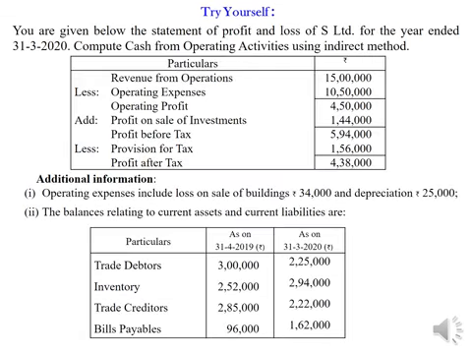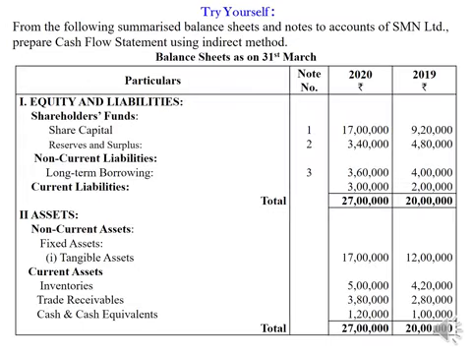Next is another problem to calculate cash from operating activities using indirect method. Then a problem on a new type of balance sheet is given here with notes to accounts 1, 2, 3. Pause it and write down and try to solve it.